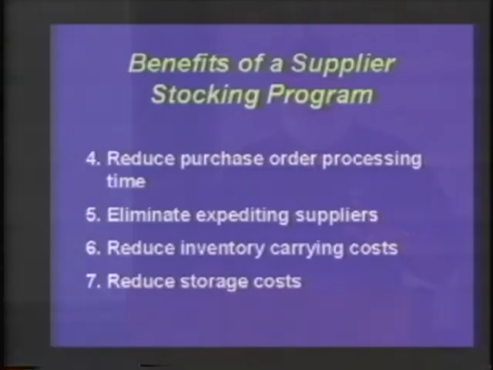And 7, you're going to reduce storage cost because you're going to have less inventory on hand and be able to have a higher turnover. The vendor stocking program is one of the key byproducts of not only the ABC analysis, but it must be supported by work order planning and scheduling.